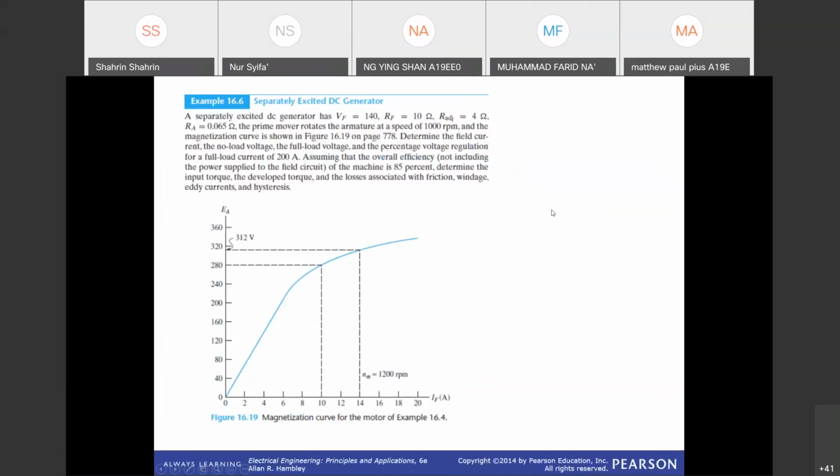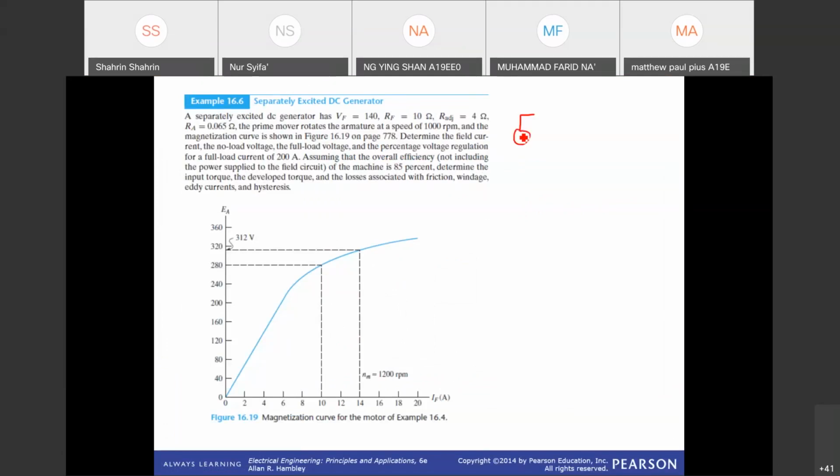Okay, we can continue, I think. So we have a separately excited DC generator. So I think I can show here.